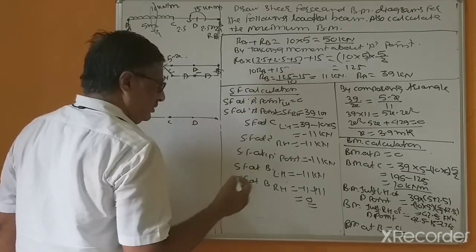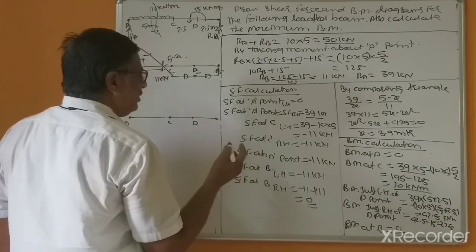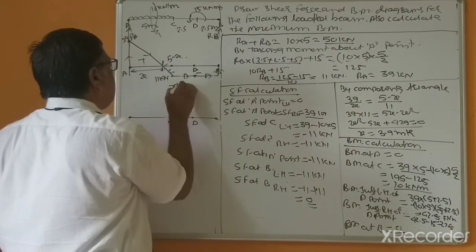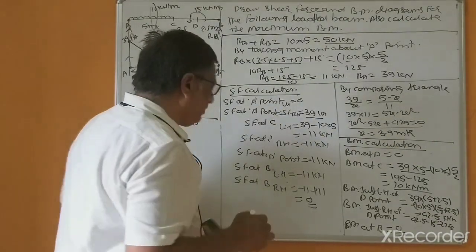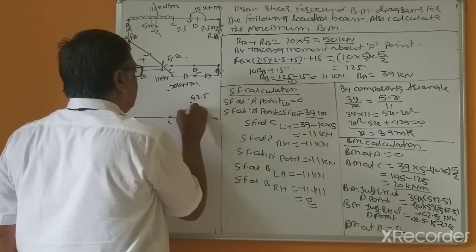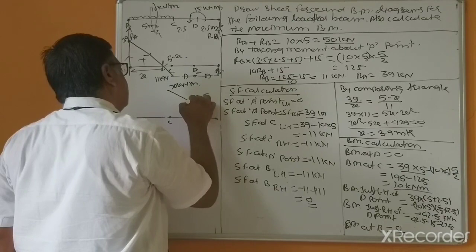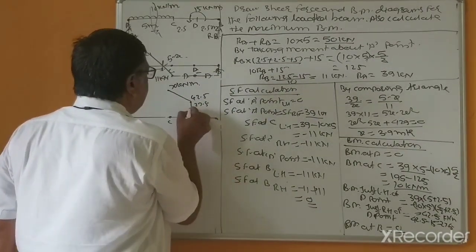At A point 0, at C point 70. Suppose this is 70 kilonewton meter. Just left hand side of D this is 42.5, again 27.5, this is straight downward, and at B 0.